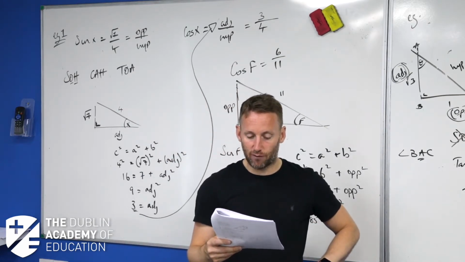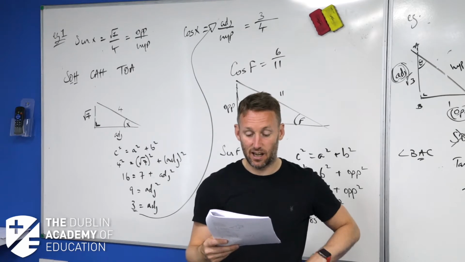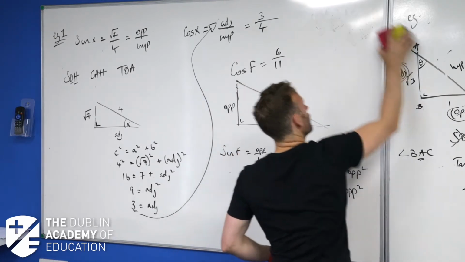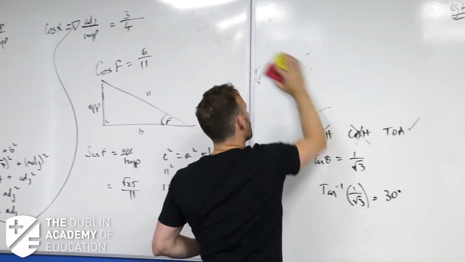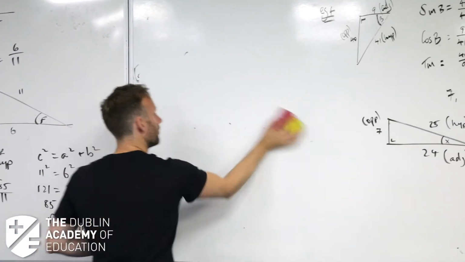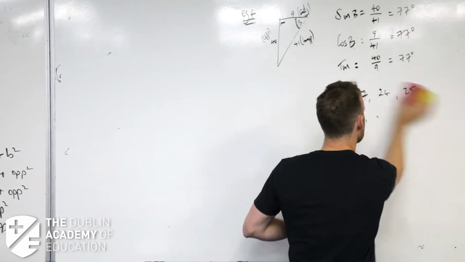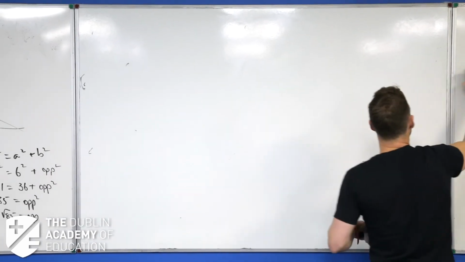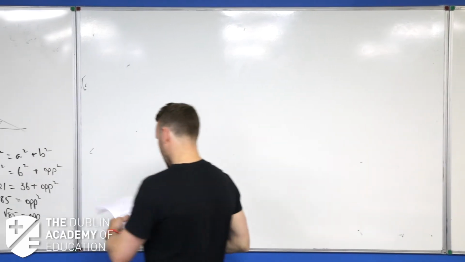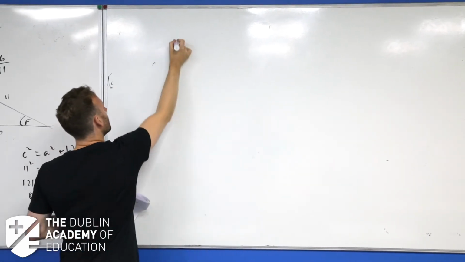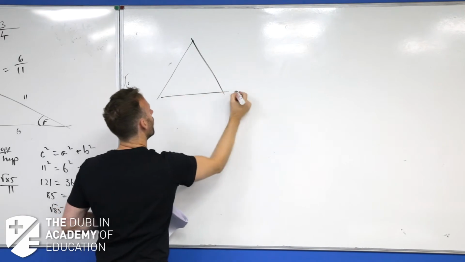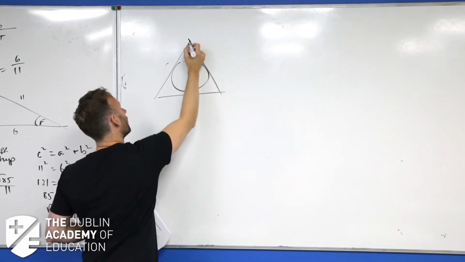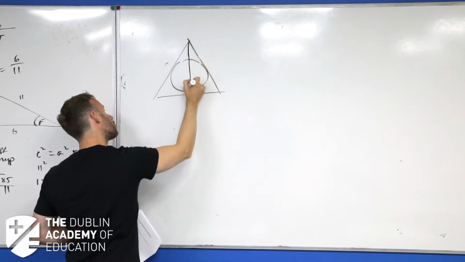ABD is the image of ACD. It's actually under axial symmetry in the line AD. Now I'll try to draw it. Okay, so this is the diagram that we have. We've got our equilateral triangle, and there's a circle going around that, and then this line drops straight down.